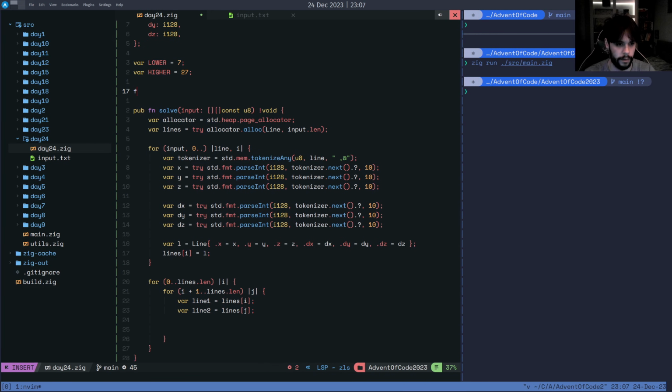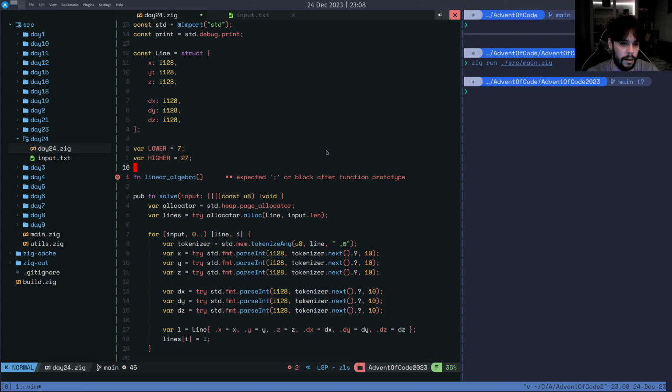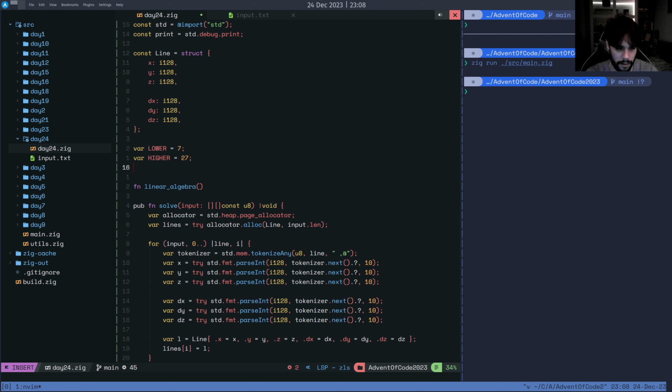So we're going to write a function. Solve, call. Well, that can't be solve. Linear algebra, let's call it linear algebra, and it returns the solutions, which will be, can I do an anonymous struct there? I don't know if I can.